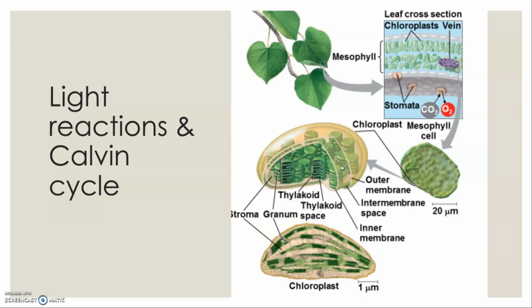This also should remind you of the endosymbiotic theory, which claims that eukaryotic cells came to be after many engulfings of prokaryotic cells that existed a long time ago. We are going to focus on this process occurring in the thylakoids and in the liquid outside of it, the stroma.